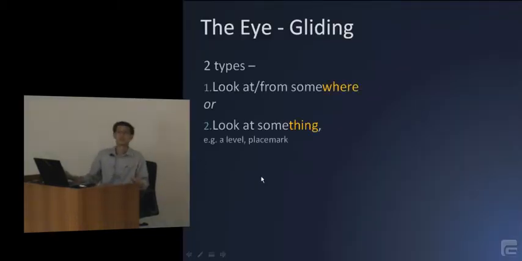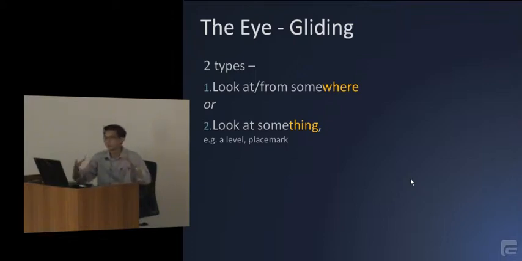For gliding, there are 2 types of glide functions. The first type is looking at or from some point. So in the example just now, it was looking at a point in the meeting area. The second type is when you're looking at something. So the something could be a level, a placemat, or some other bigger object.